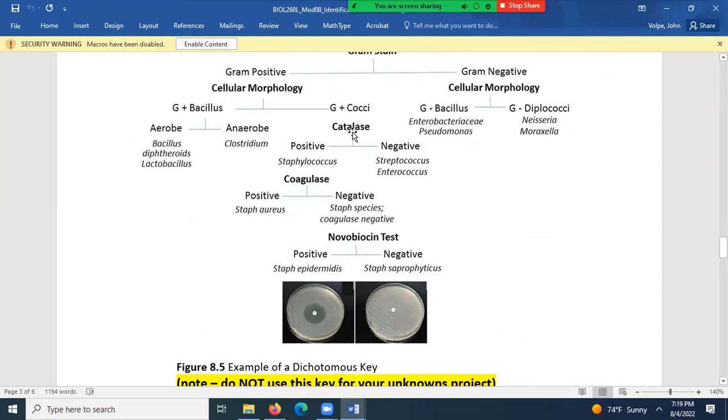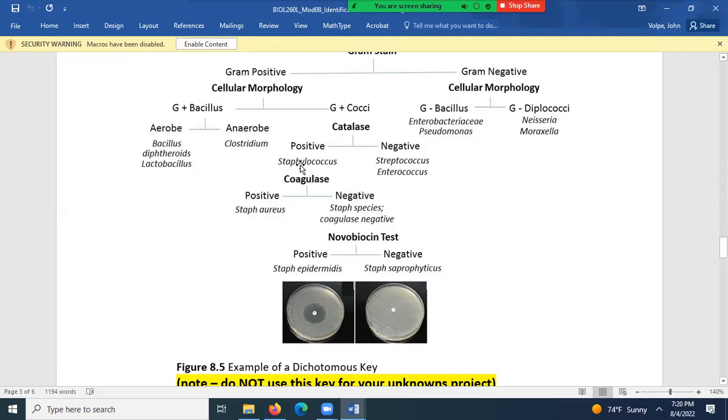After having the gram-positive cocci, we then do the catalase test. And if they're catalase positive, we know that they are Staphylococcus, meaning in the Staphylococcus genus. If they are negative for the catalase test, we know they're either Streptococcus or Enterococcus.